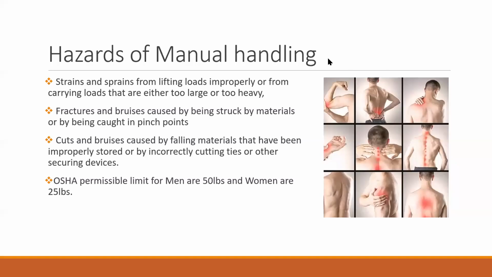Manual handling is one of the major causes of accidents, which cause you injuries and ill health. The most common example of manual handling we can see in cement industries and fertilizer industries, where we have bags of 50 kg or 25 kg. I used to go to many fertilizer and cement companies.